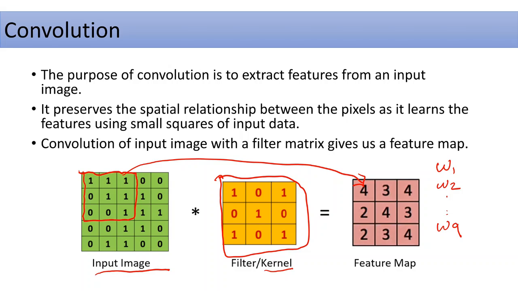However, we can also assign certain values that we know to use as a filter matrix. This here is the feature map that is found by convolving the input image with the filter matrix. Feature map is basically the extracted features that we want to find.